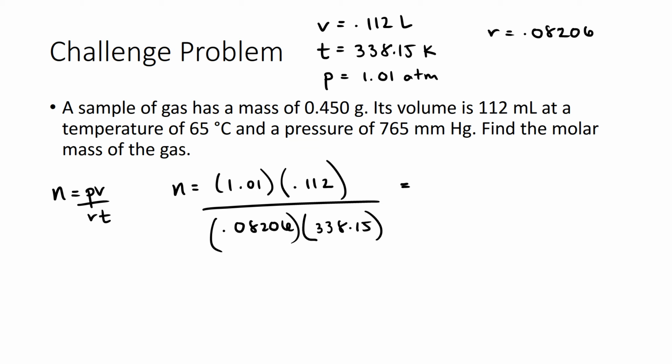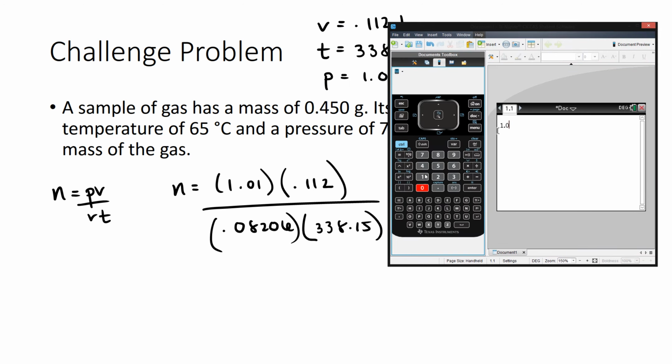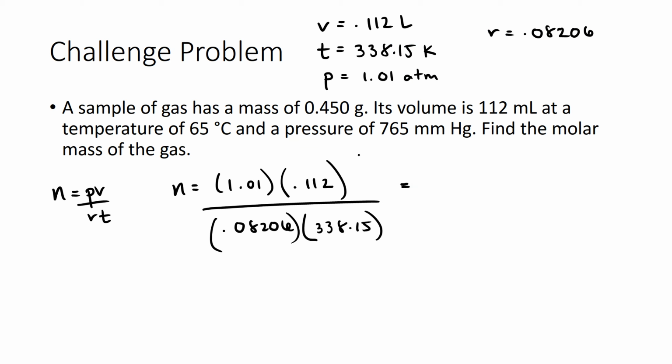And if we go ahead and carry out this calculation, 1.01 times 0.112 divided by 0.08206 divided by 338.15, we get 0.00408 moles.